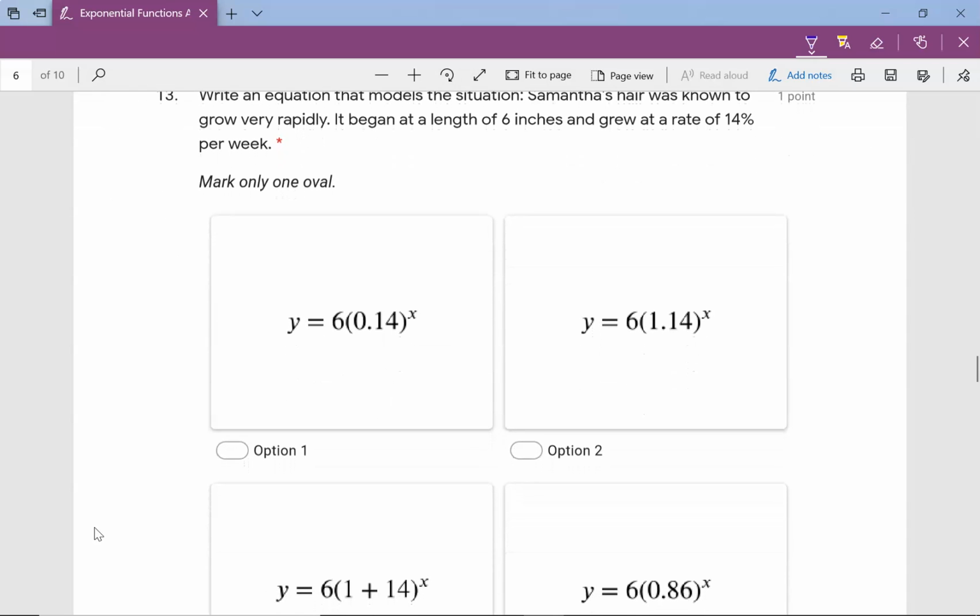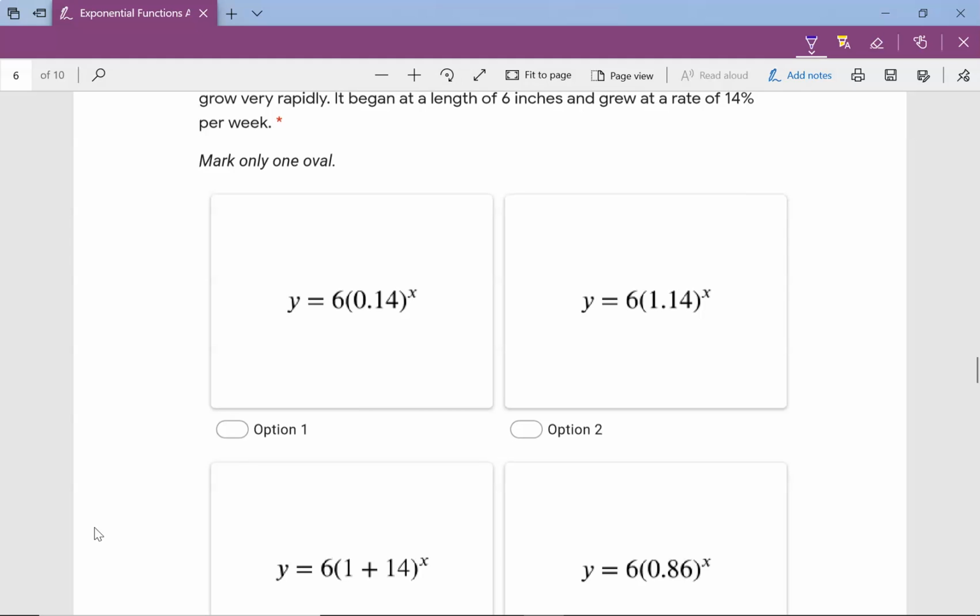Next one, Samantha's hair was known to grow very rapidly. It began at a length of 6 inches and grew at a rate of 14%, so R equals 0.14, and that was per week. So we're looking at y equals a times the quantity 1 plus r to the x power.